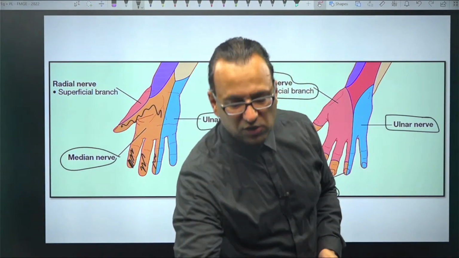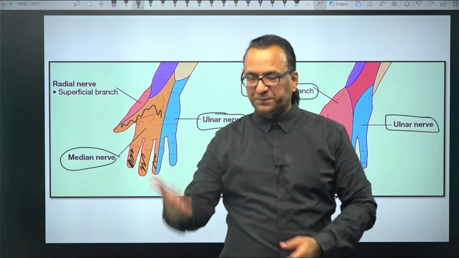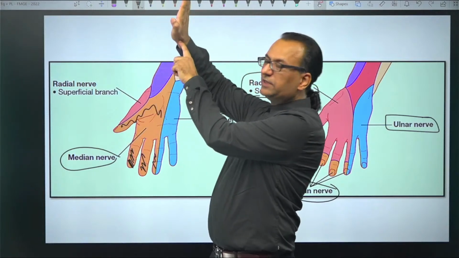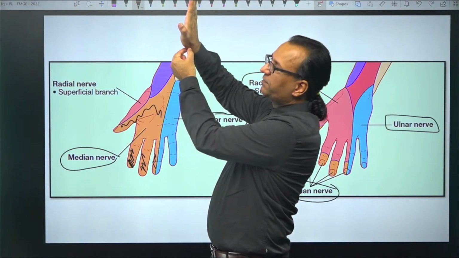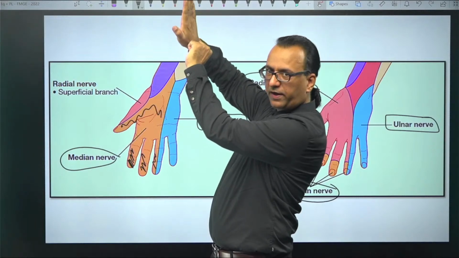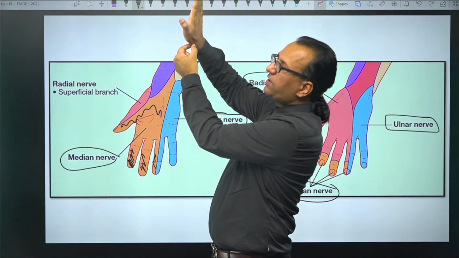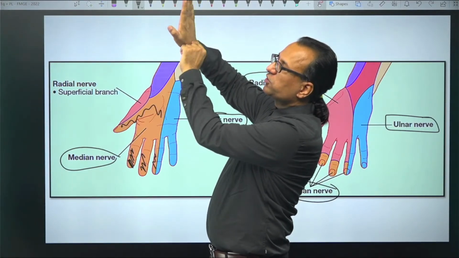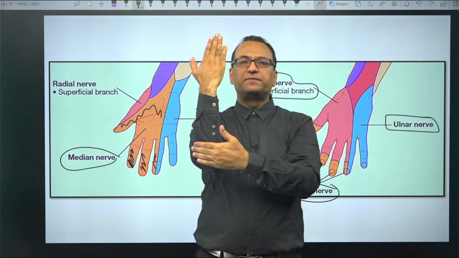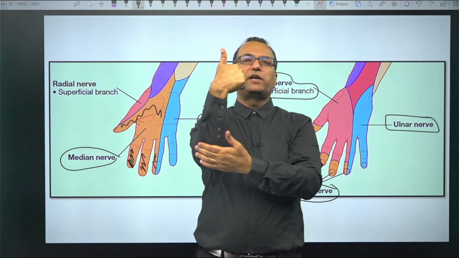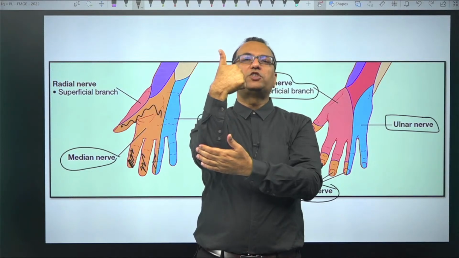So snap box, normally what they are asking is the boundaries. You should know the anterolateral boundary and the posteromedial boundary. They are the tendons of posterior forearm muscles, like the extensors of the pollex, one long, one short.